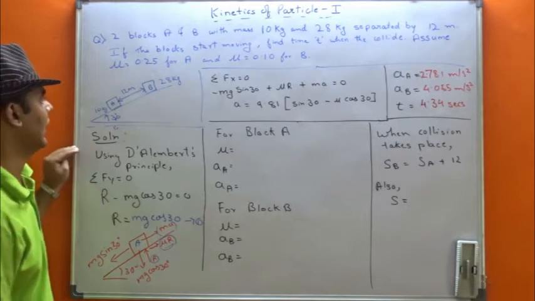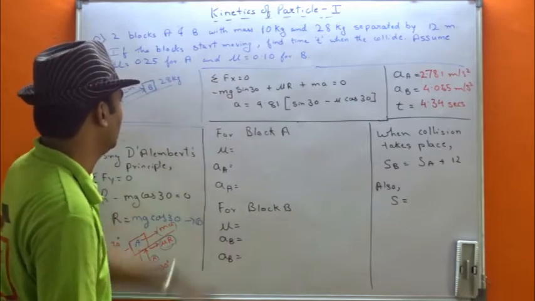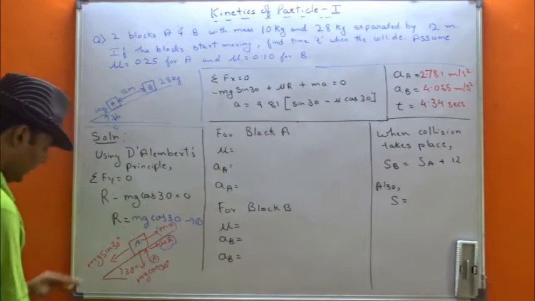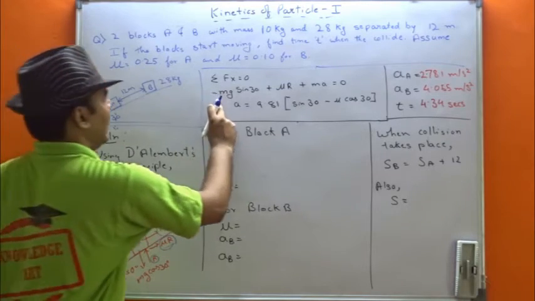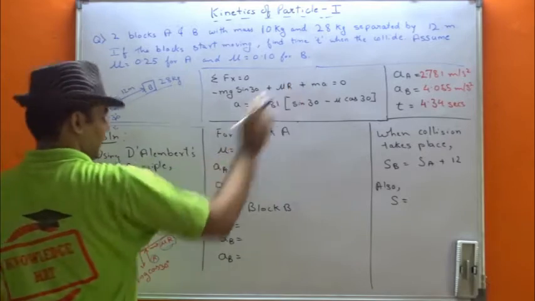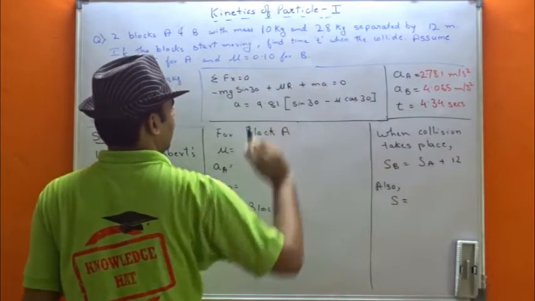Similarly, using D'Alembert's principle, we are going for summation of horizontal forces. So mg sin 30, this is in negative x direction, so this is negative, plus mu R, which is in positive direction, plus ma, which is the countering force, is equal to 0.